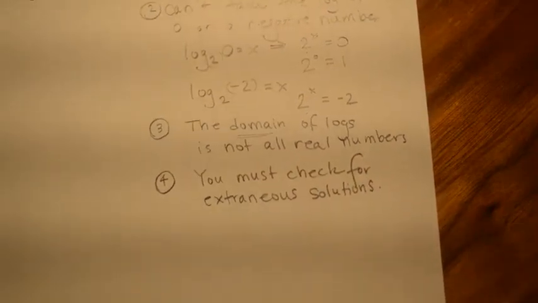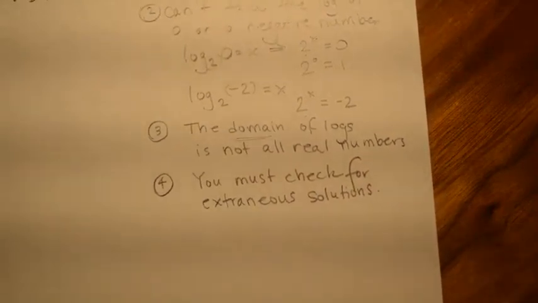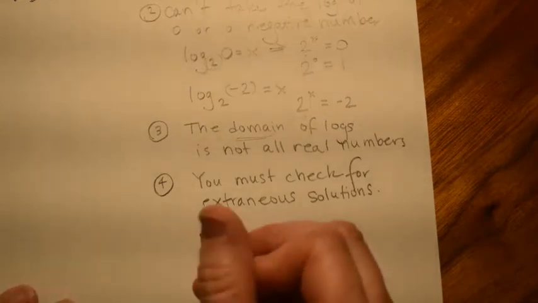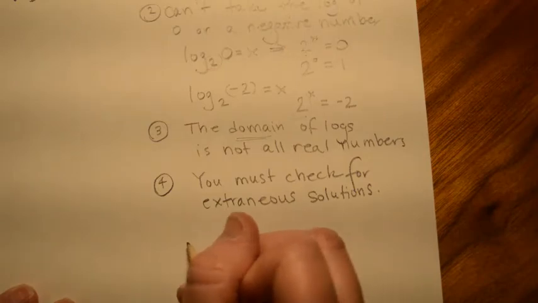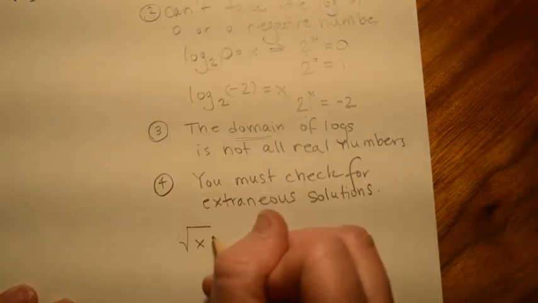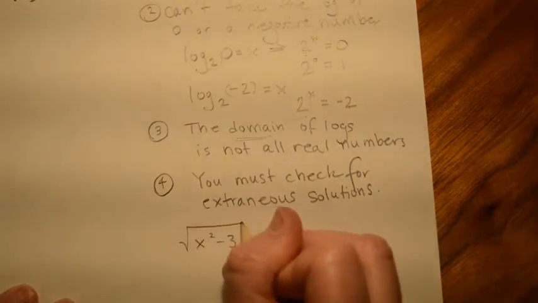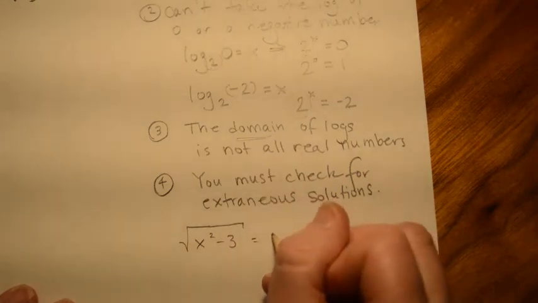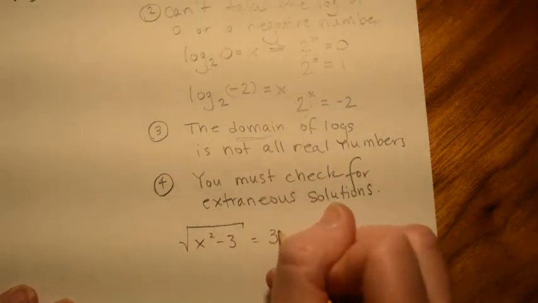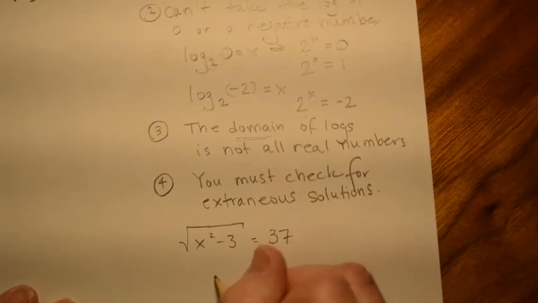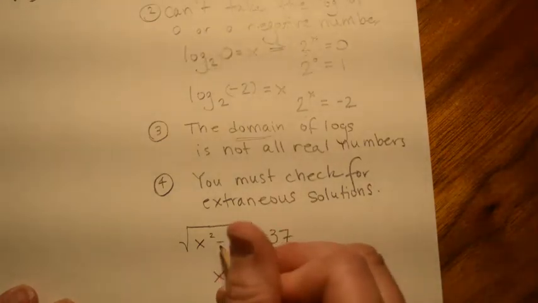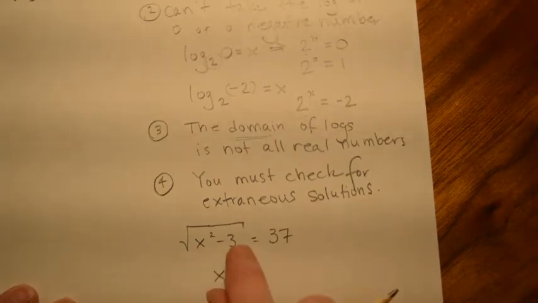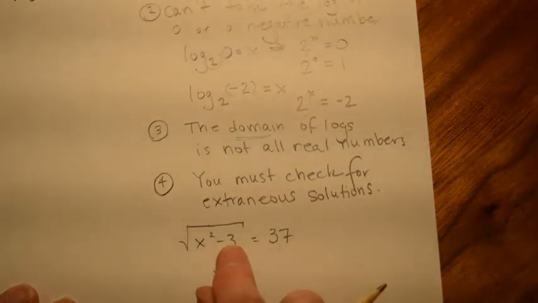We've run across two other functions like that so far. That would be any square root equation. So again, if I have, I don't know, square root of x squared minus 3 equals, I don't know, 37, we would solve that, and whatever values we got for x, we would have to then plug it back into the original equation, because there are certain things that we're not allowed to put under the square root here.